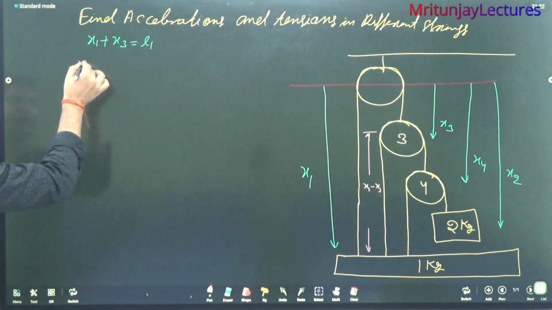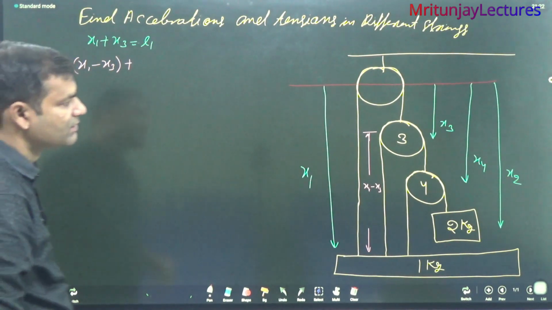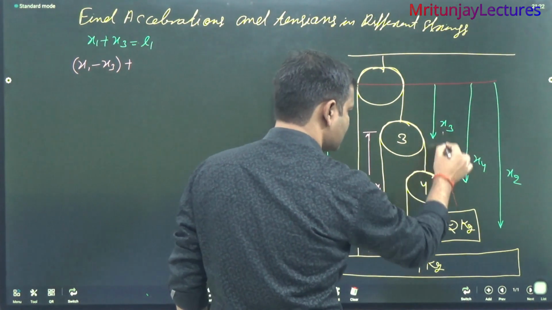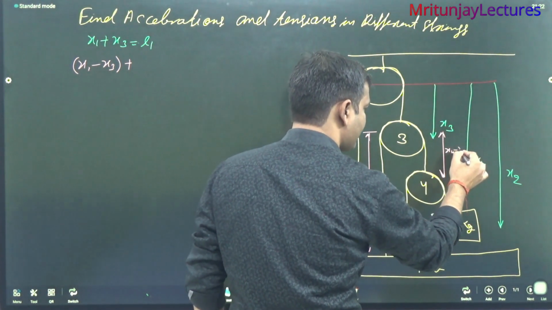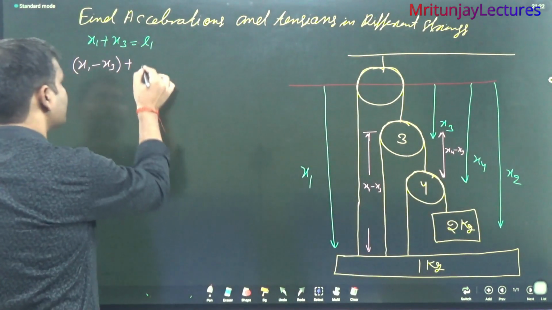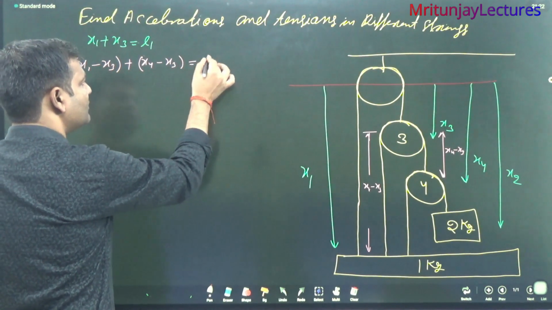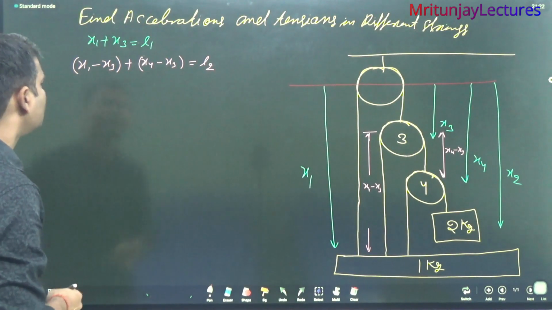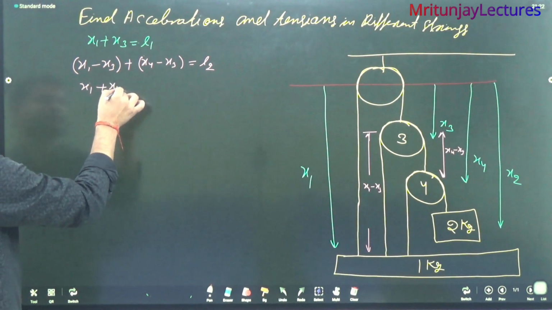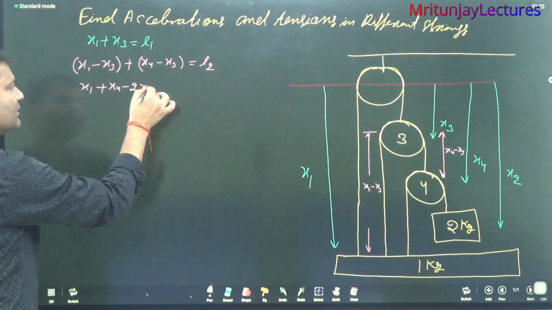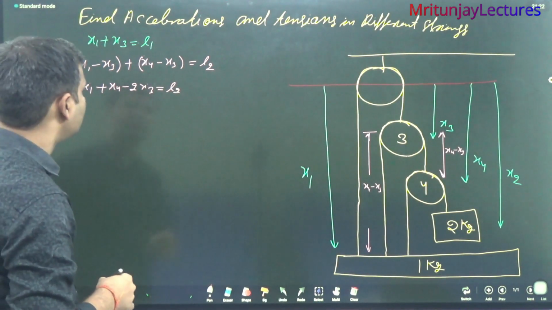Plus, what about this length? x4 minus x3. So x1 minus x3 plus x4 minus x3 will equal L2. You can also write x1 plus x4 minus 2x3 equals L2. That is equation number 2.